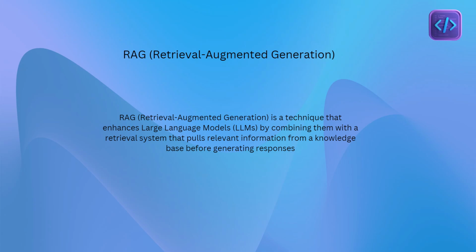The knowledge base is a vector database. So how does RAG work? First is information storage: documentation or data is converted into vector embeddings, as we have seen, and the embeddings are stored in the vector database, which becomes the knowledge base.